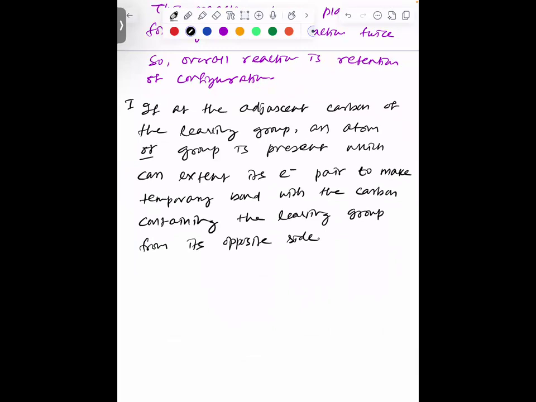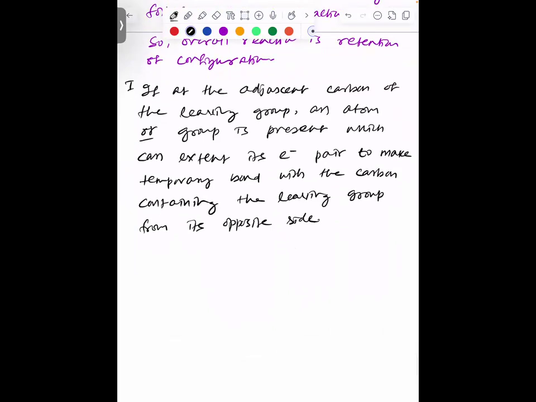One which has a lone pair or negative or electron density.